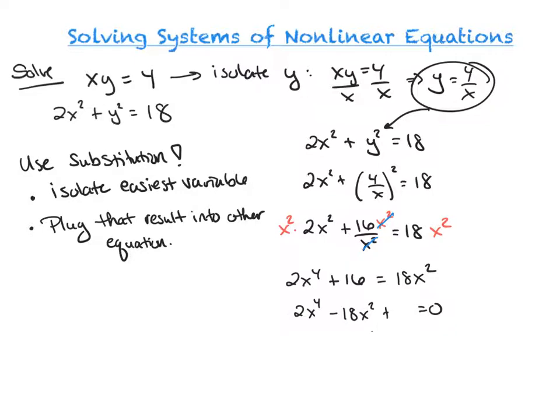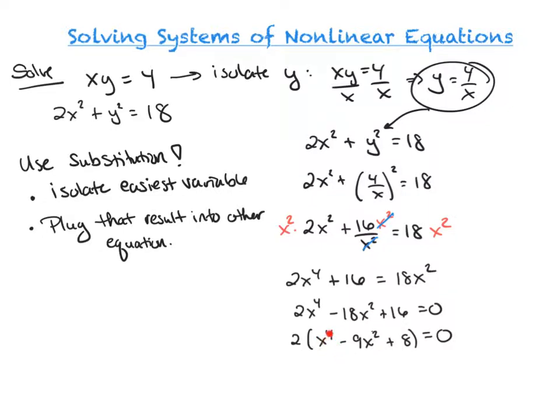Now this is really cool. This is a factorable equation. So obviously the first thing I'm going to do is factor out the common factor of a 2, leaving x to the 4th minus 9x squared plus 8. Okay, what we have here inside the parentheses is what we call quadratic in form.